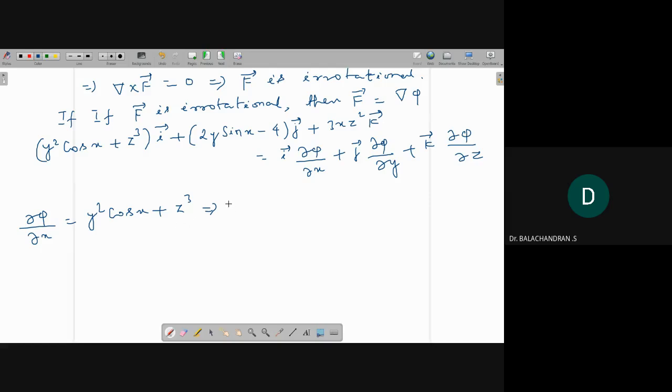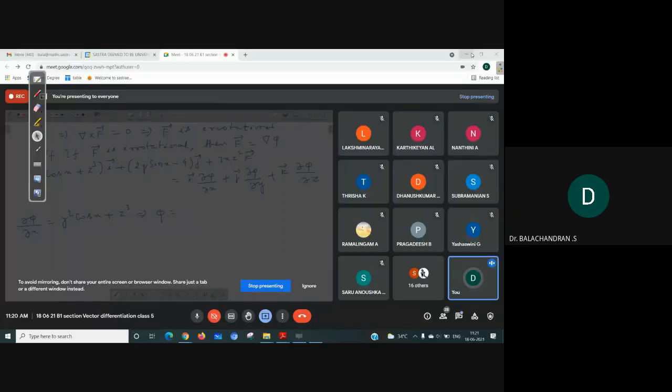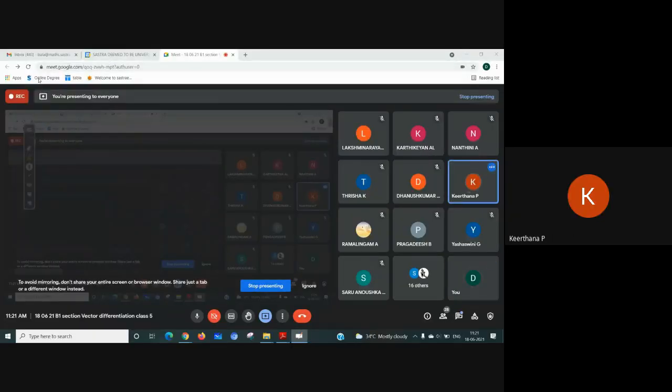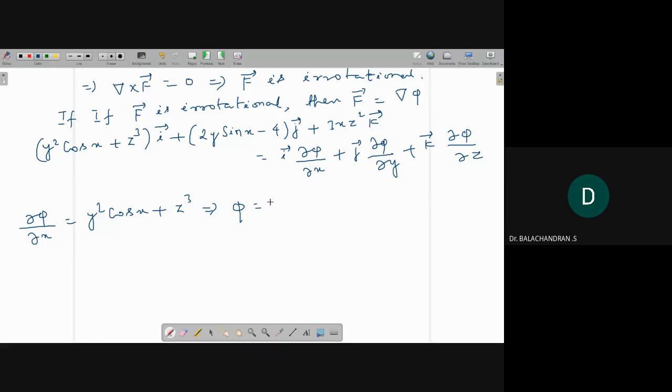so next I will ask somebody, Kirtana, can you tell what is phi? So you should integrate with respect to x. Sin x, okay, y² sin x plus z³ x, good, plus constant.